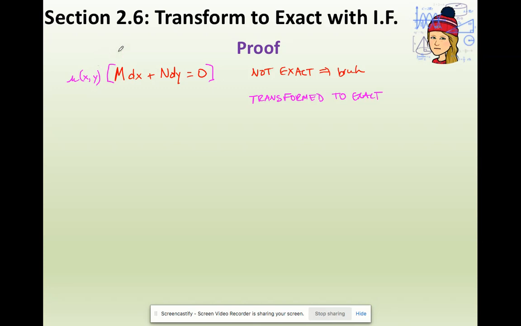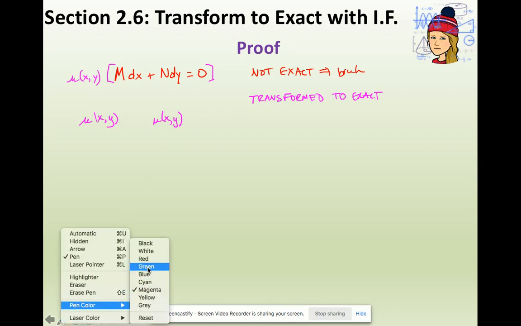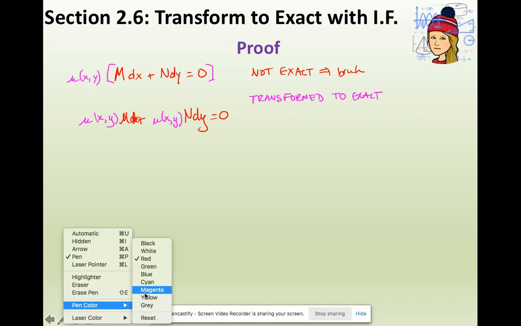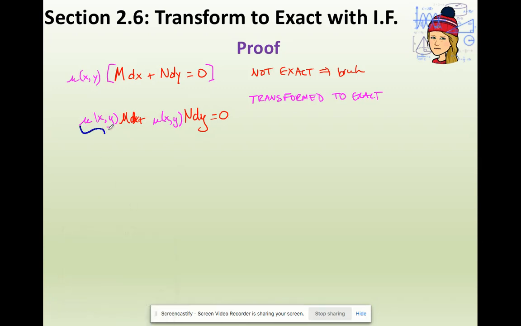So when I distribute this through, I'm still, of course, going to get equal to 0. This is my new M. This is my new N.